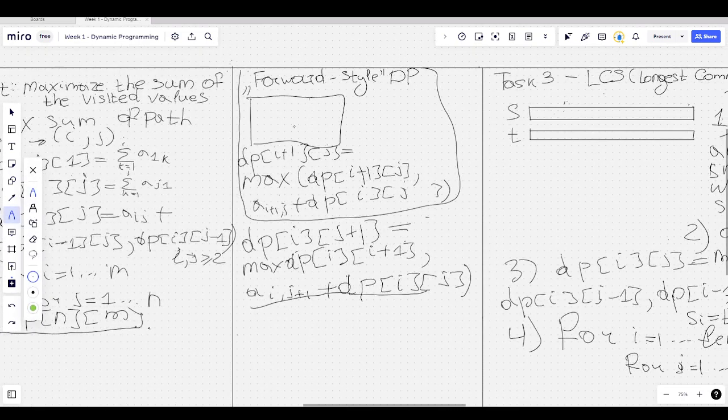Suppose that the turtle is located here in dp[i][j], and in this approach, the turtle wants to push information to here and here.